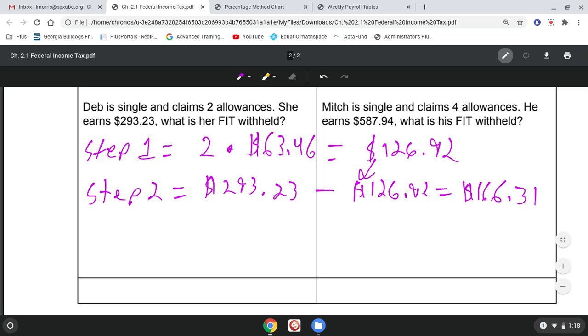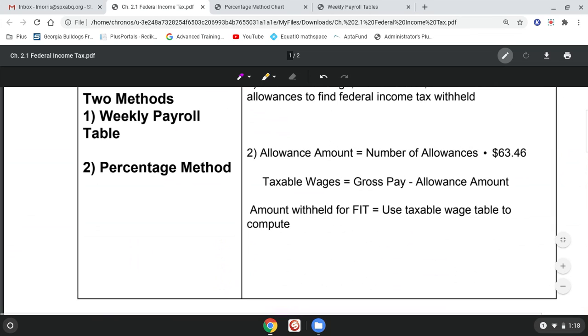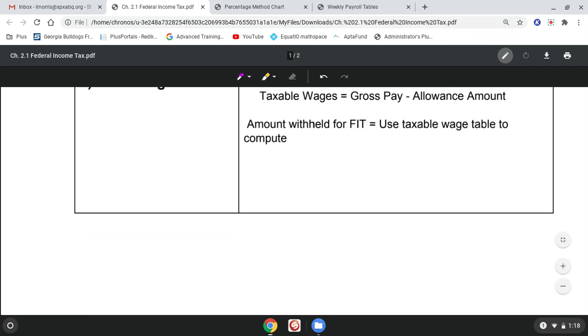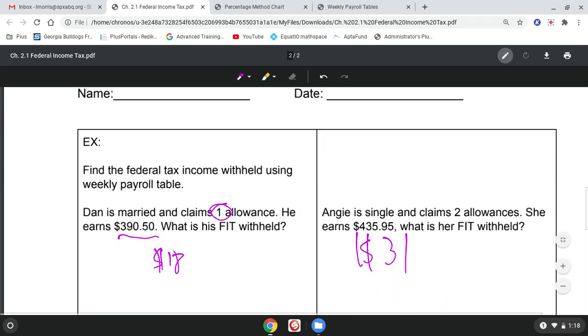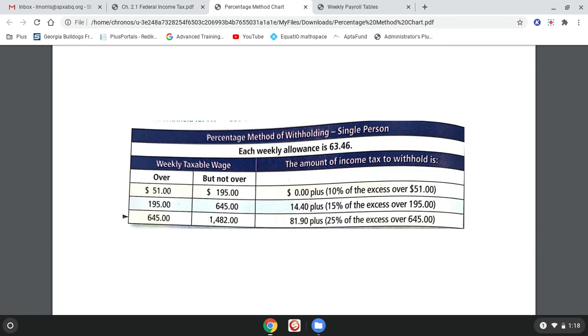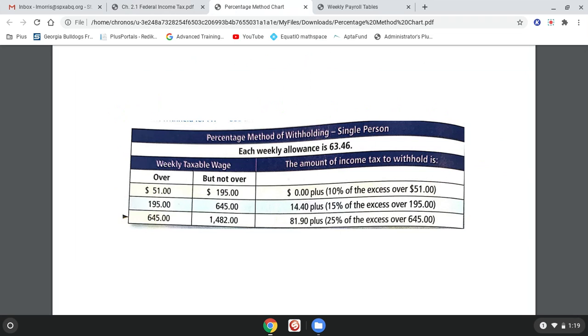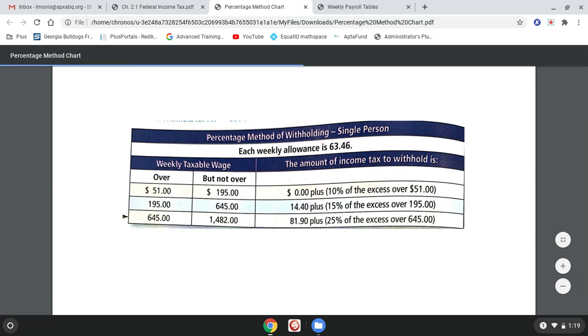Okay, so now we take that amount and use the table that is our percentage method chart to figure out our final withholding. This is going to be step 3. So our taxable amount was 166.31.